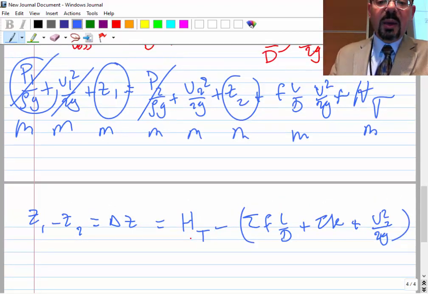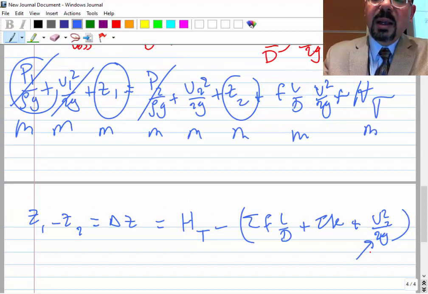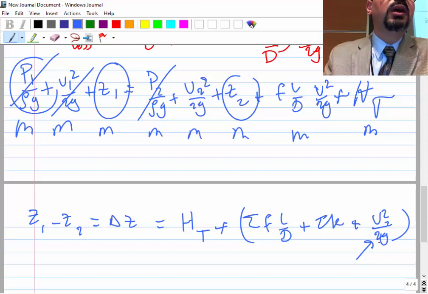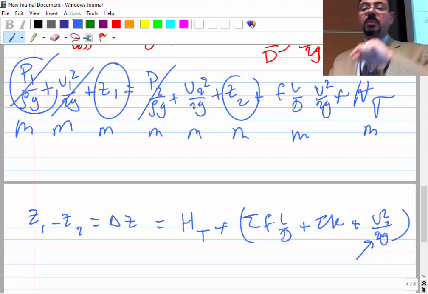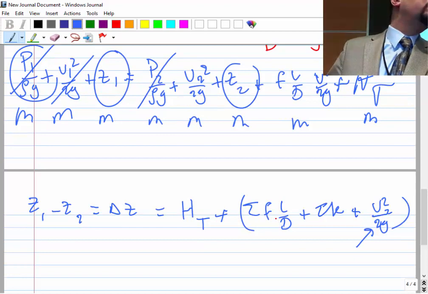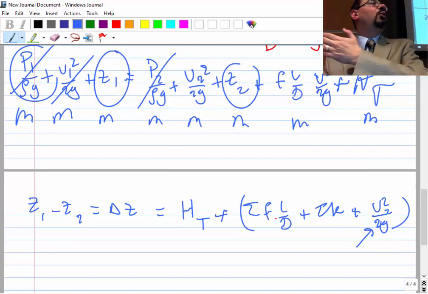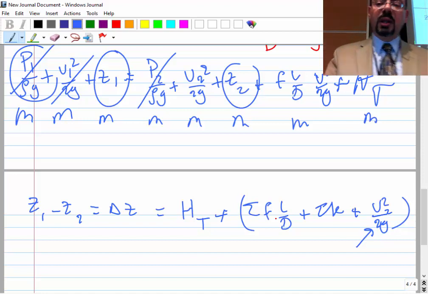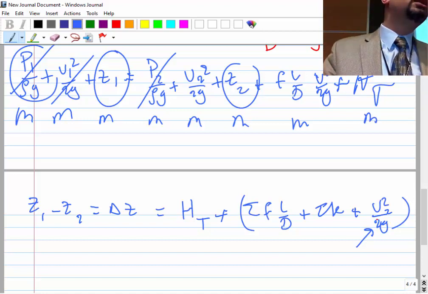So you can see how the V2 square is kind of a loss. They would call it the exit loss coefficient. The fact that we have to let the flow leave, unfortunately, to get the power from it, is considered a loss.